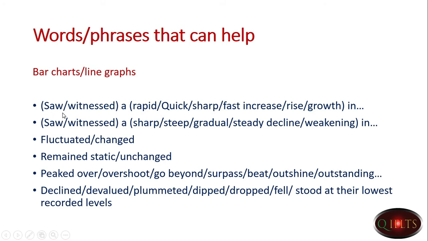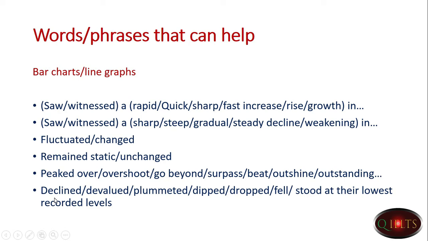You can see that we can use: saw, witnessed, a rapid, quick, sharp, fast increase, rise or growth in, etc. Then the reverse, that is saw, witnessed a sharp, steep, gradual, steady decline or weakening in, etc. Fluctuated or changed, remained static or remained unchanged, peaked over, overshot, went beyond, surpassed, beat, outshone, outstanding. Notice that words like peaked over, overshoot, go beyond are usually used when you are comparing two entities. This is in contrast to the words we use up here.